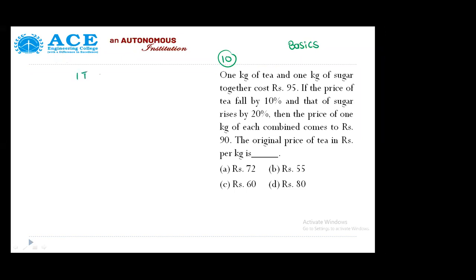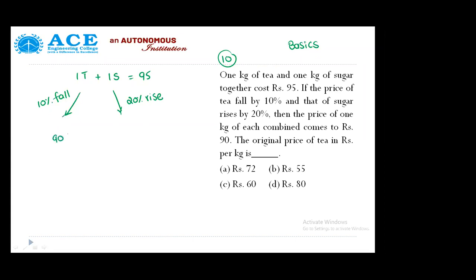1 kg of tea plus 1 kg of sugar together cost 95 rupees. Price of tea 10% fall, price of sugar 20% rise. This is 10% fall, this is 20% rise.